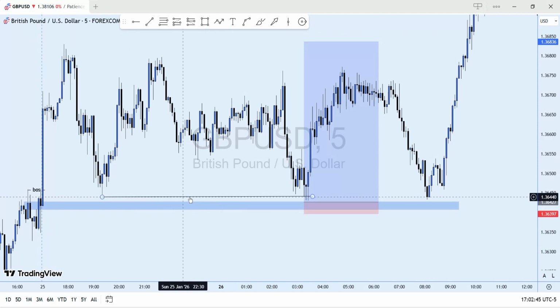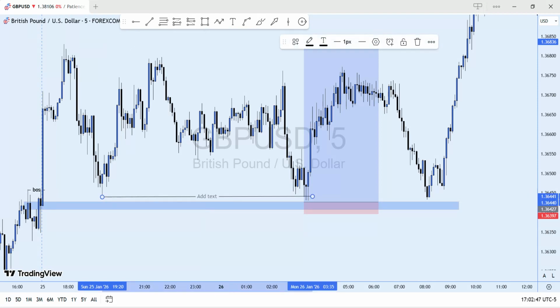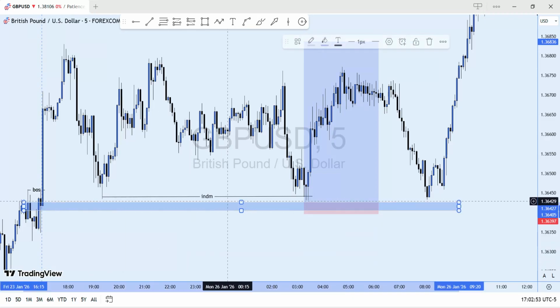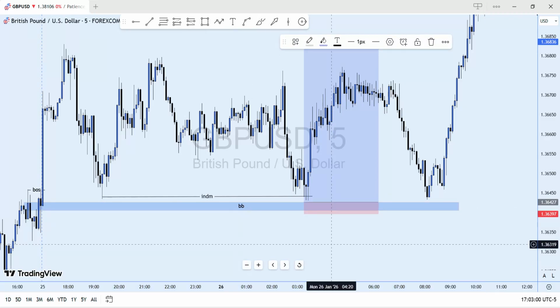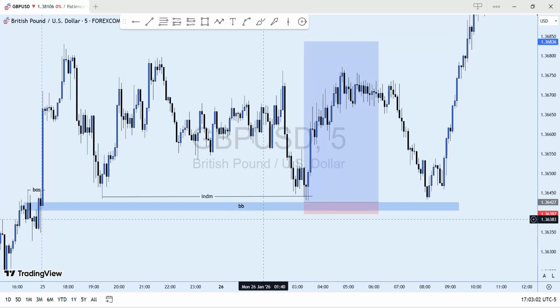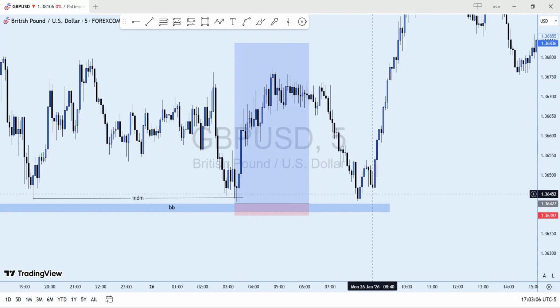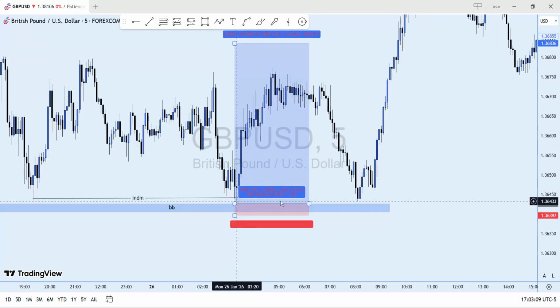This is an inducement, right? Then this one is my breaker block, right? It's still known as POI, point of interest. So I left, and then the market came down to this same place and it went up.